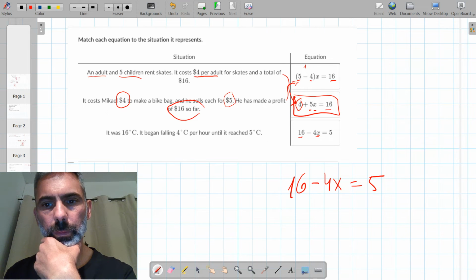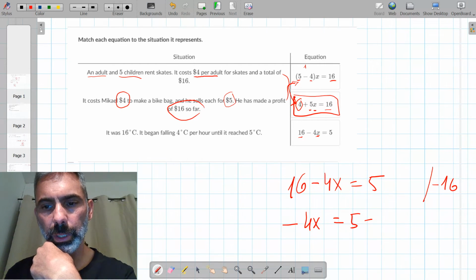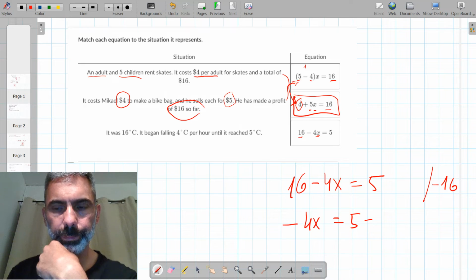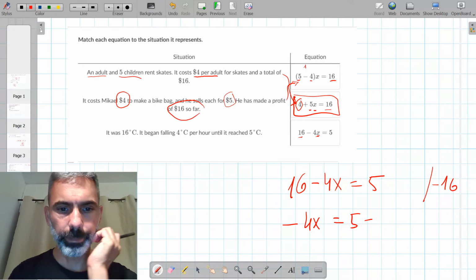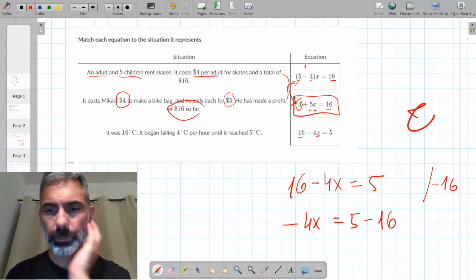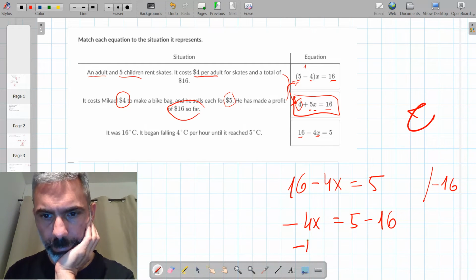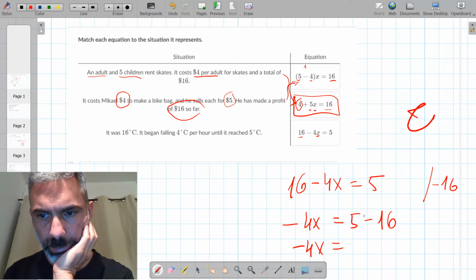So to isolate the x, we first subtract 16 from both sides of the equation. So here we are left with minus 4x equals 5 minus 16. Okay, so one is positive, the other is negative.